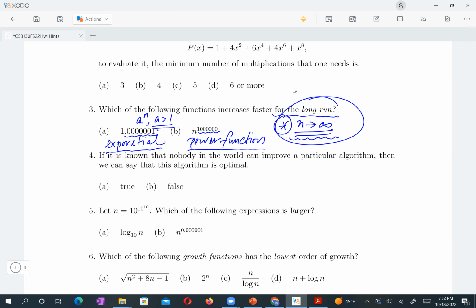In our notes, can you find the limit? We computed this limit, n to the power of 1 million. Check our notes.